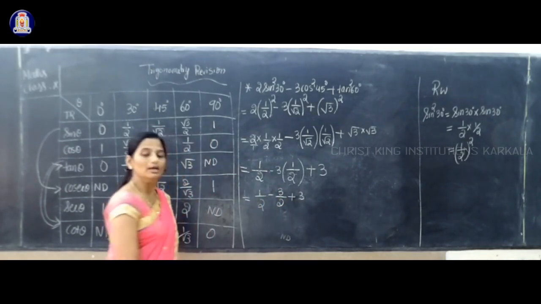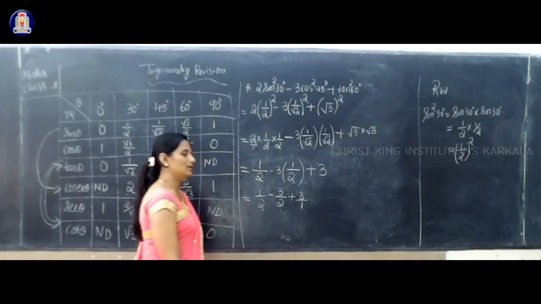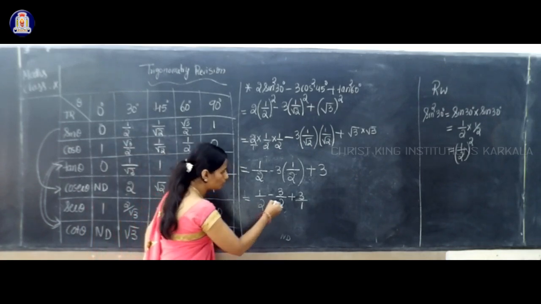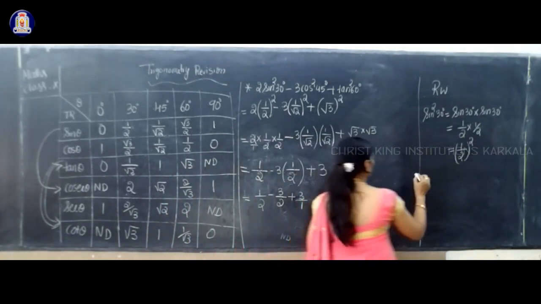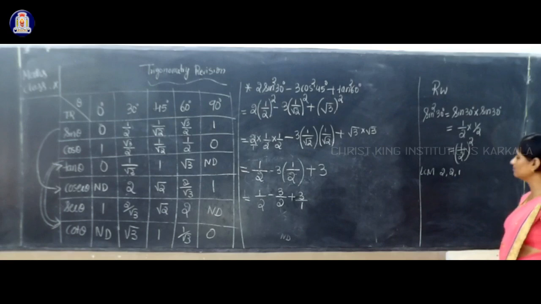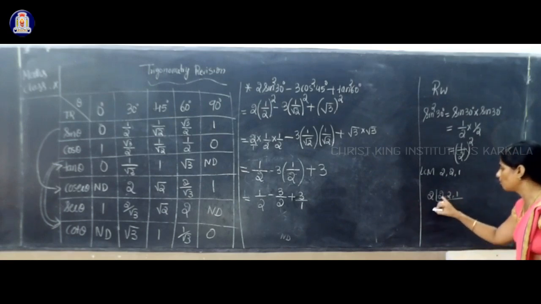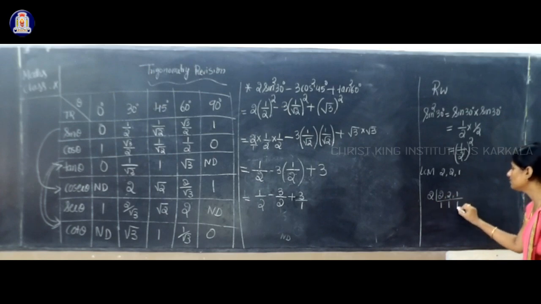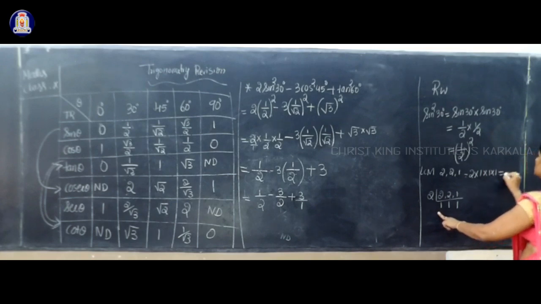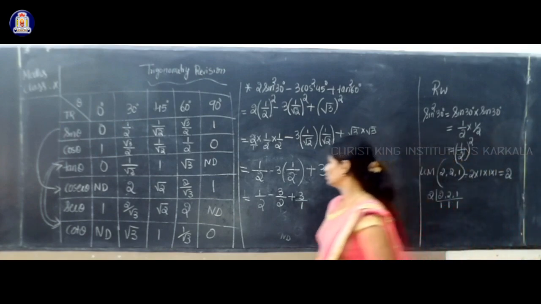How to simplify? By taking LCM. 3 can be written as 3 by 1. Now the denominators are 2, 2 and 1. What is the LCM of 2, 2, 1? It is 2.